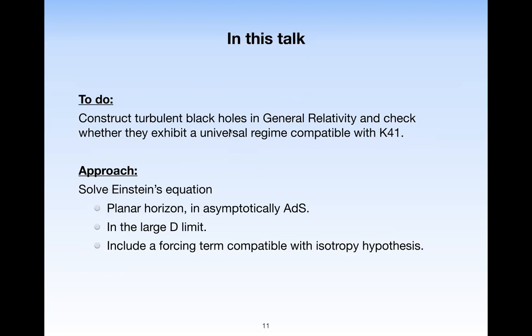Okay, of course, this problem is tremendously difficult from a technical point of view. We have no symmetries in the problem, which means that all the components of the metric will be turned on and they will depend on all the directions. So this is a very demanding problem computationally.